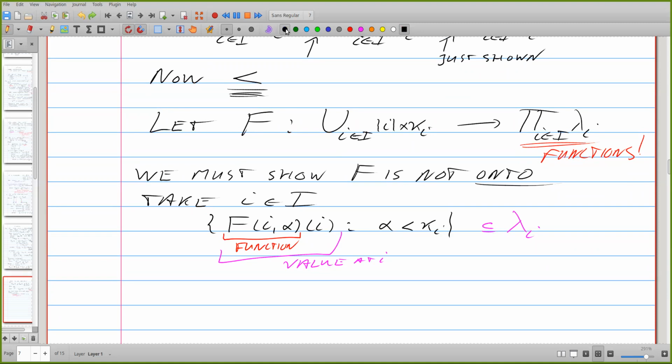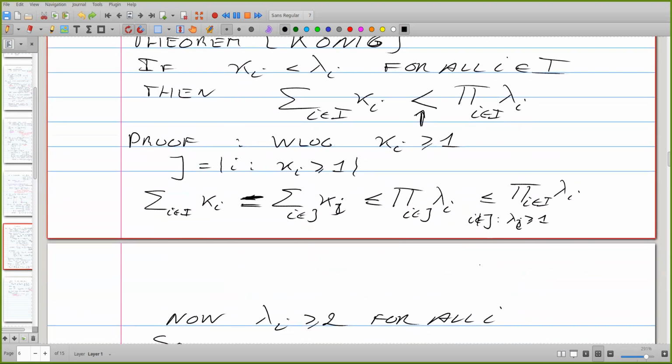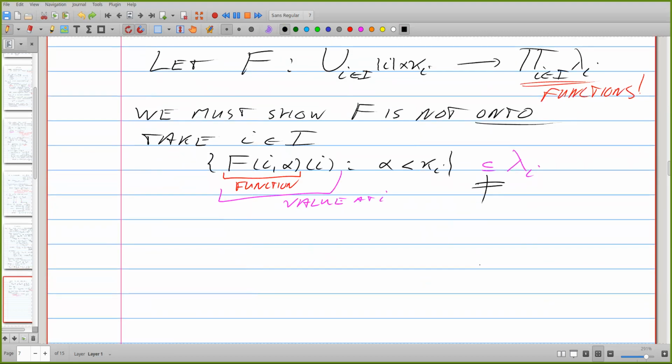All those values are a subset of lambda_i. How many values do we have? At most kappa_i. So this is a proper subset of lambda_i. We have kappa_i many elements of lambda_i, and our assumption is kappa_i is strictly less than lambda_i. So we can take the minimum of lambda_i minus this particular set of values.